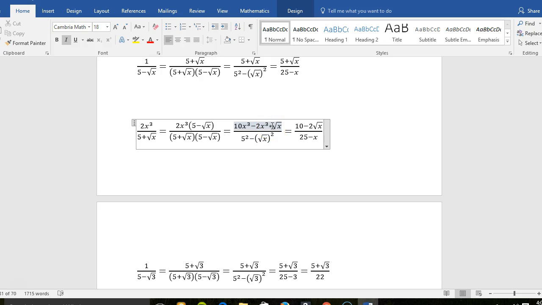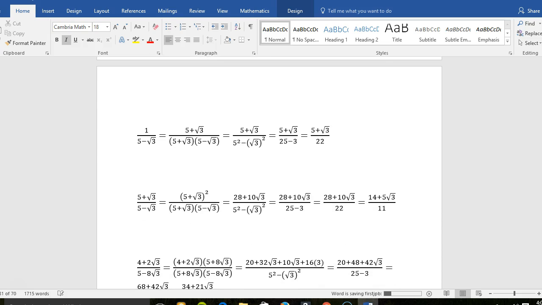But on Word, I kind of do just for neatness, not out of mathematical necessity. So there's that. And then we'd have 10x cubed minus 2x cubed radical x. And really this is good, but out of neatness, I'll put the times sign there, and I'll save it. Like that.